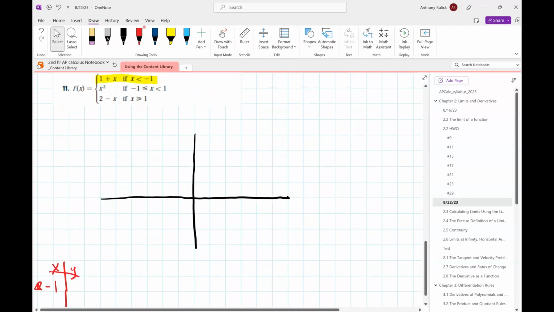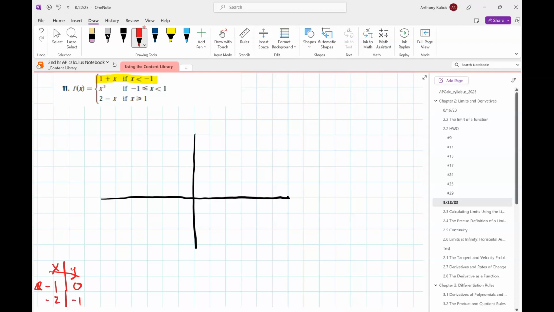I need to get right up next to it, and that happens at 0. And then maybe I'll pick another x, maybe negative 2. So I have negative 1, 0, negative 2, negative 1. That's the first piece.